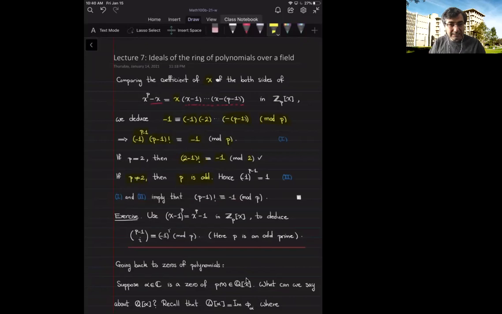When it is odd, (-1)^(p-1) is just 1, because p minus 1 is even, and -1 to an even power is definitely 1. Going back to the congruence relation we proved and plugging in 1 for (-1)^(p-1), we get the desired congruence: (p minus 1) factorial is congruent to -1 mod p.